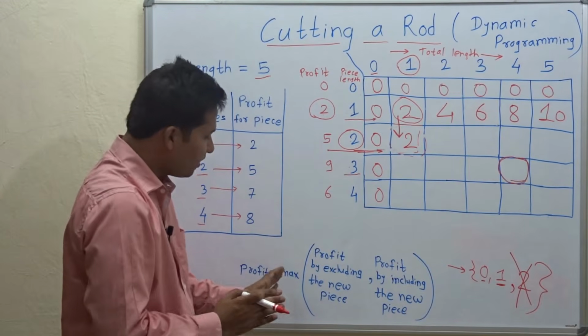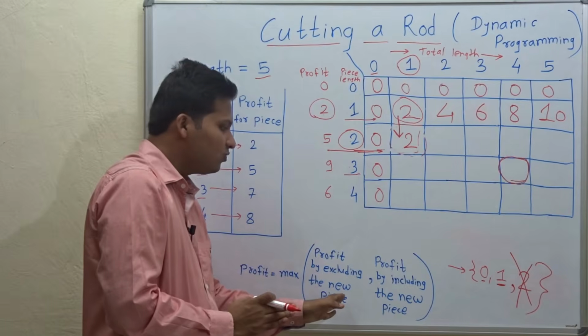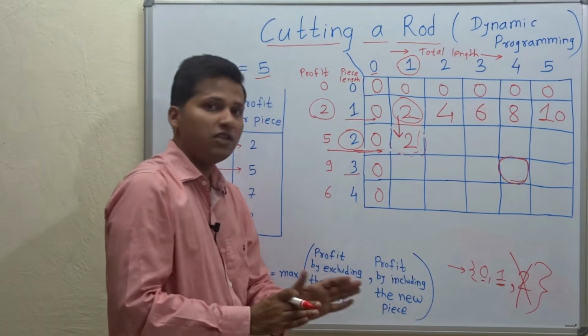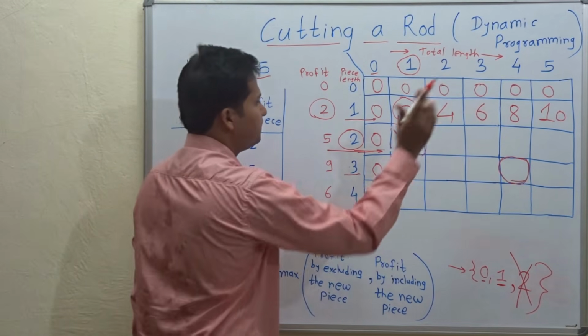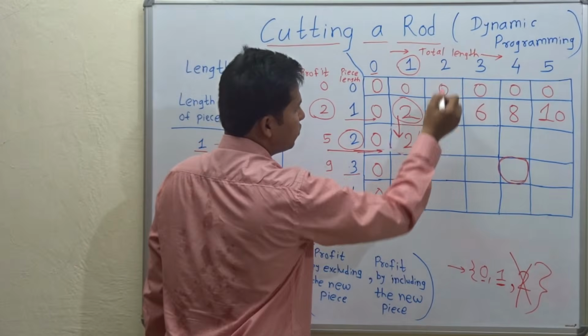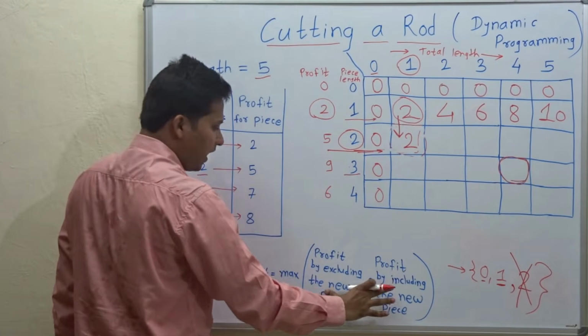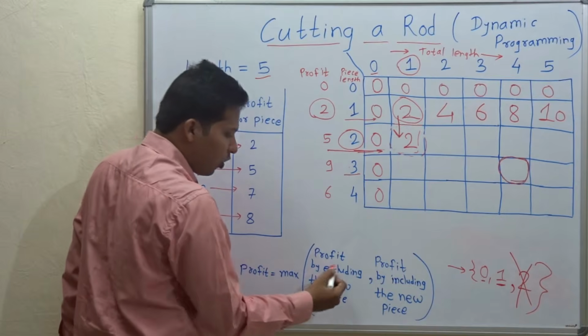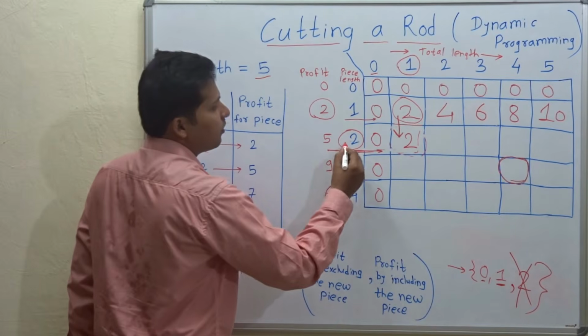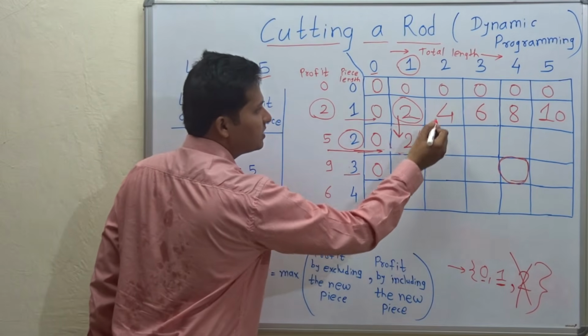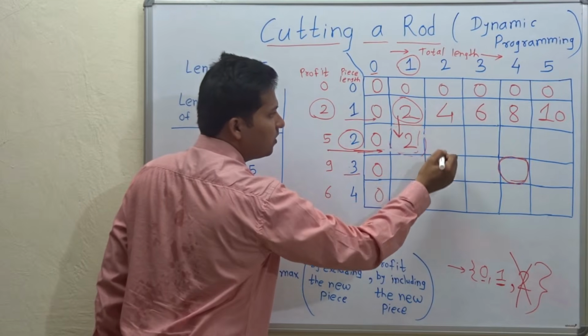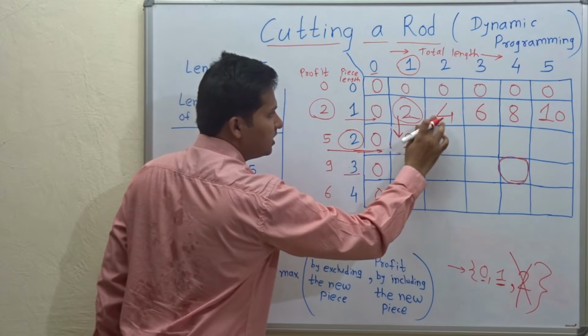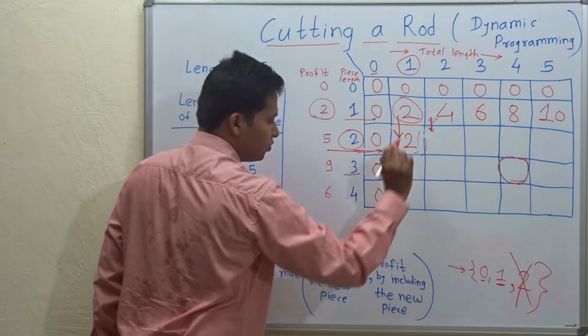So you have to take the max of excluding the new length and including the new length. I will show you how. See, 2 is equal to 2. So now you have come to this formula. Profit by excluding the new piece: whenever we exclude the new piece, we directly take the value from the above cell. See, above cell. So 4.